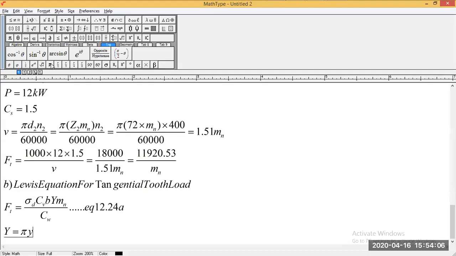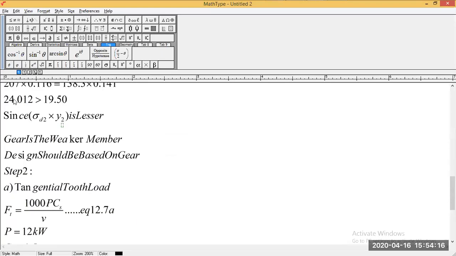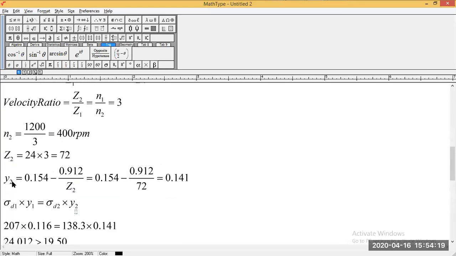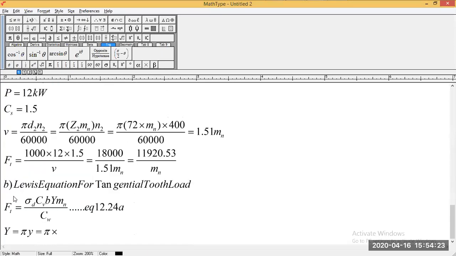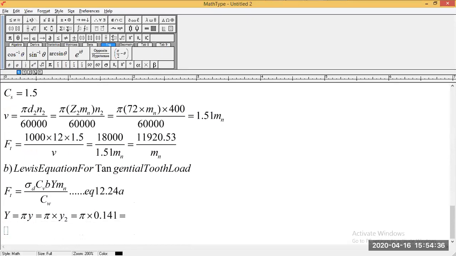So let's find out one by one. Below this, Y equal to pi into y here, we need to note Y2. Whatever the value of Y2 is, this Y2 is 0.141. So Y2 equal to again pi into 0.141. This needs to be calculated.